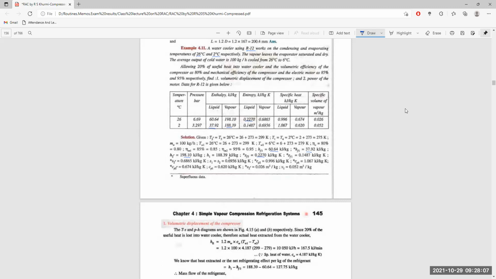That is also 0.1487 itself. Next, we go to S2 dash, the entropy at point 2 dash.